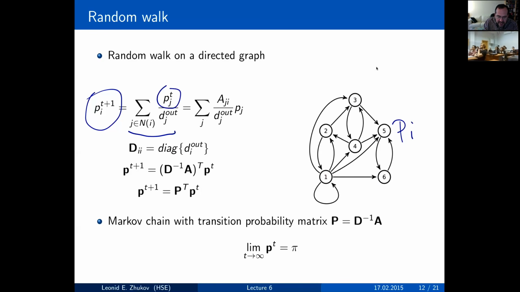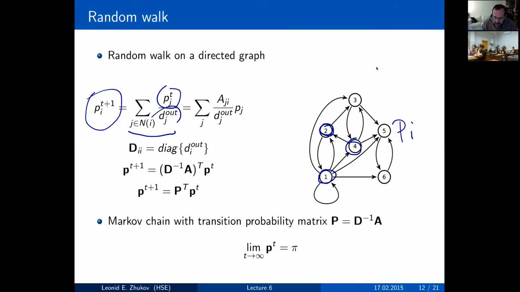But now we need to divide it by the degree of the node, because again, if I want to calculate PageRank or rank for node 2, the probability to be on node 2, I need to take into account the probability to be on node 1 at the previous moment of time and the probability to be on node 4, because these are the two nodes coming into node 2.